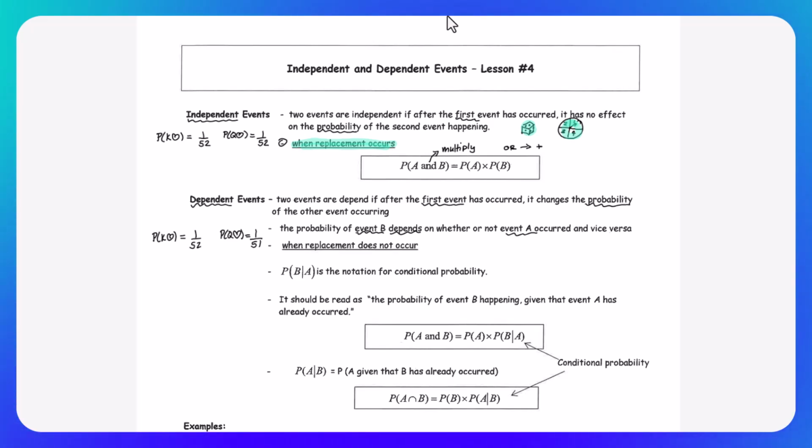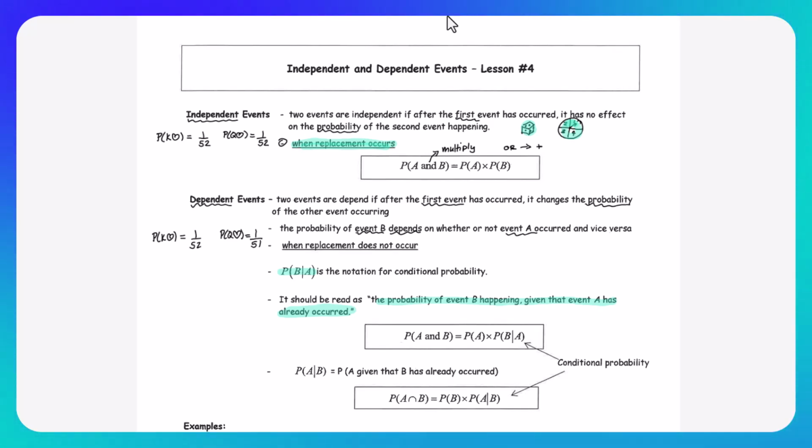The probability of that Queen of Hearts is dependent on the first event having occurred. We can denote those events by this new notation: the probability of event B happening, given that event A has already occurred. That notation is just the short way of saying all that.